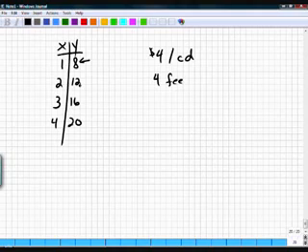Well, those 2 CDs were $4 apiece, so that makes $8. So how much is left over for the fee? $4 still. Same way here. 3 CDs would be $12 if you did 3 times 4. How much extra do you have over here? $4. That's your fee. So Y equals, what would it be in this one? 4x plus 4. Any questions?